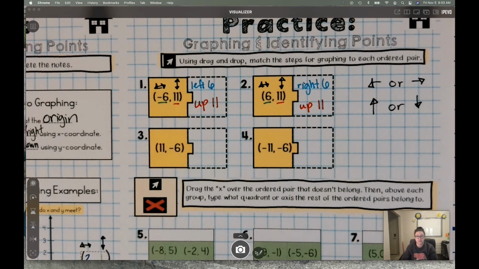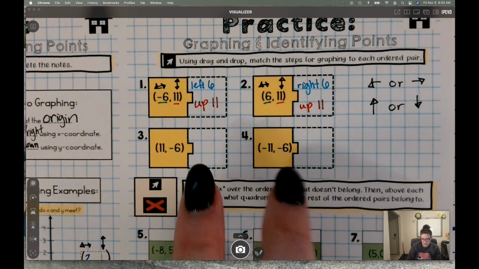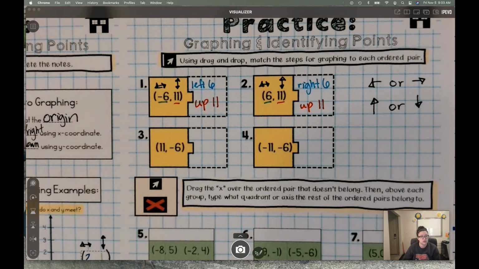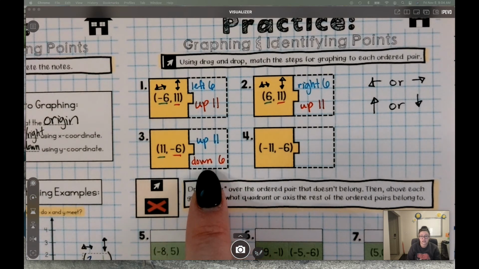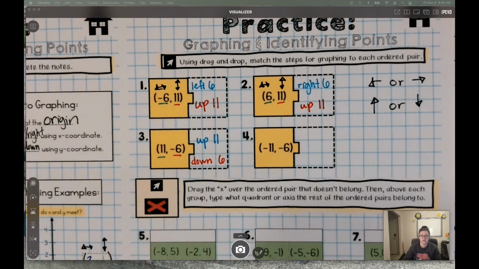Go ahead, pause the video. Try 3 and 4 on your own, then play the video to see if you got them right. Good luck. So the first one, it's a +11, so that means you go up 11, and a -6, so you go down 6.